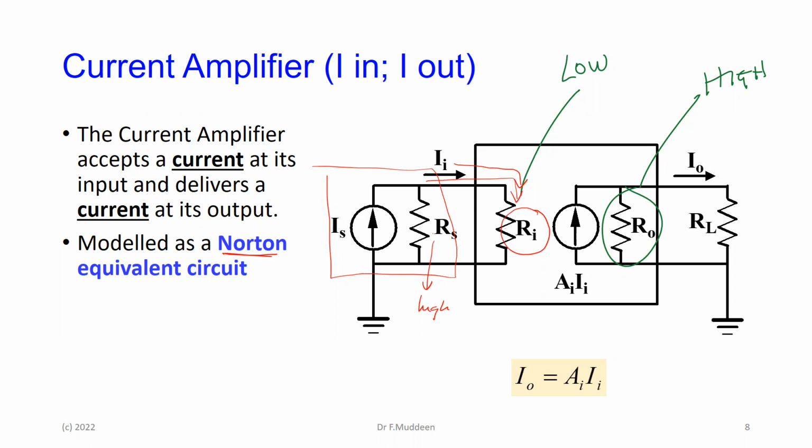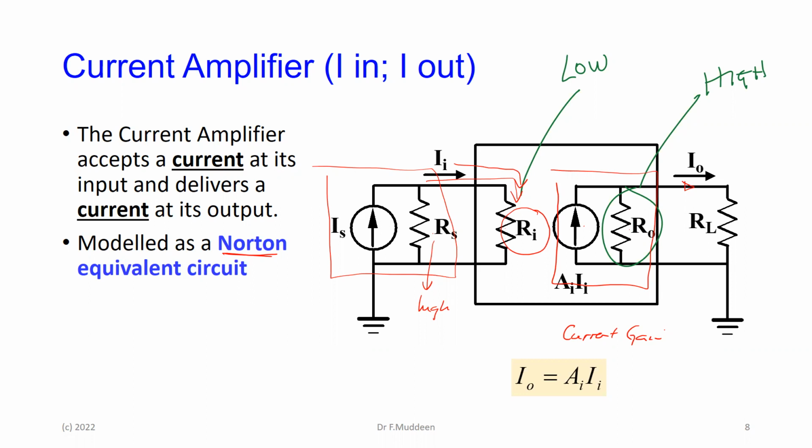If it is a current amplifier, it has a current gain. So the output here is AI, which is the current gain, times whatever input current appeared. And again, because it's a current source, we model it as an ideal source in parallel with a very high resistance or impedance, and most of the current is delivered to your load.